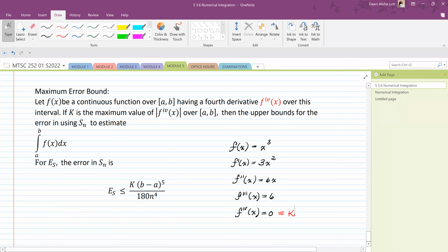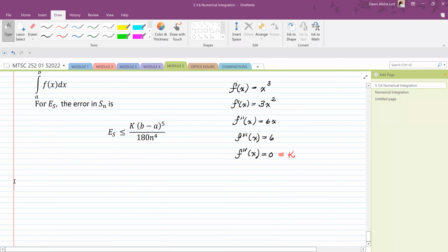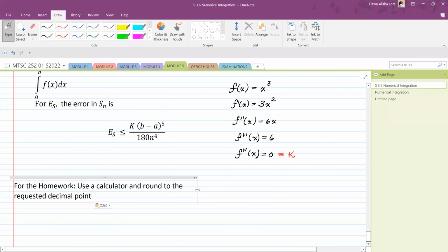On your homework, you would use your calculator and round to the nearest requested decimal point.